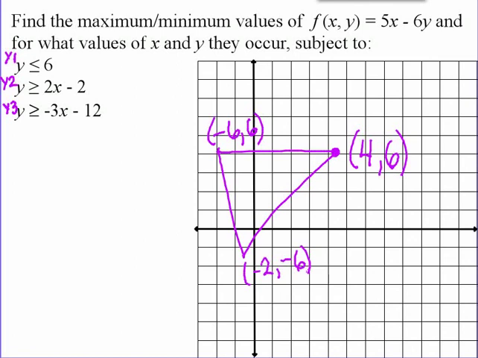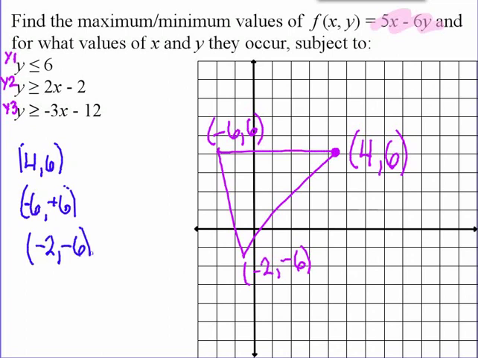Now what I need to do is plug those in where? Into 5x minus 6y. I've got 4, 6, then negative 6, 6, and then negative 2, negative 6. I'm going to plug those into 5x minus 6y.